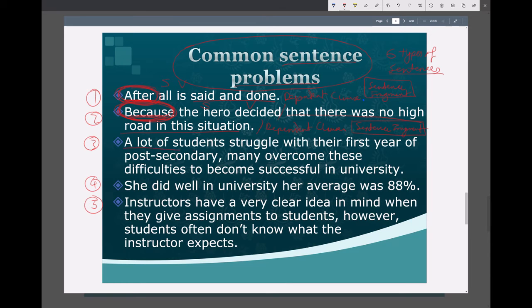We have a lot of students struggle with their first year of post-secondary. A lot of students, that's your complex subject, and then struggle. And they struggle with something, struggle with their first year of university. So this clause has a subject and a verb, and there's no subordinate conjunction before it. It's an independent clause.